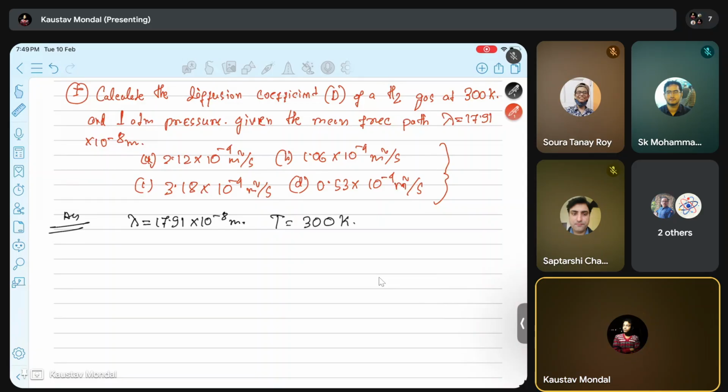So using those two things, you need to calculate D, right? So D is basically 1 by 3 lambda into c bar. So you need the c bar. You can calculate c bar easily since you know the temperature.